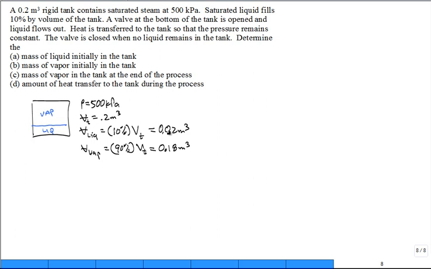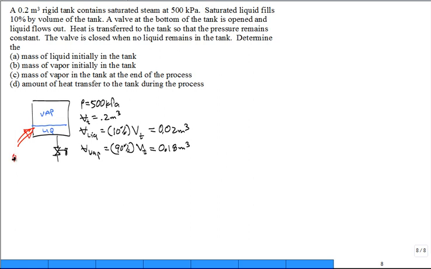The valve is opened at the bottom of the tank, so let's put a valve right here. And just to show, hey, I can open and close it, there's a little handle to it. And the valve is closed when no liquid remains in the tank. There's also that heat transfer to the tank. Maybe I show it like this.